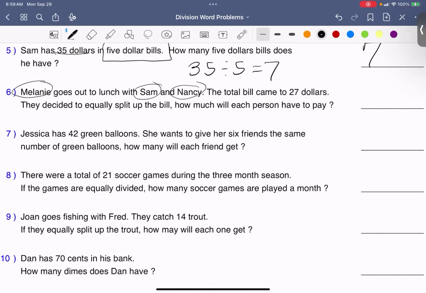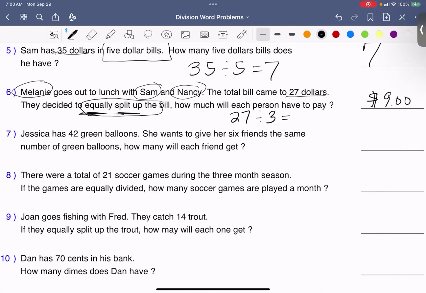The bill came to $27 and we see equally split up. So we have the word equally, then we have split up. So we know this has to be division. So then that's going to be 27 divided by 3, which equals $9.